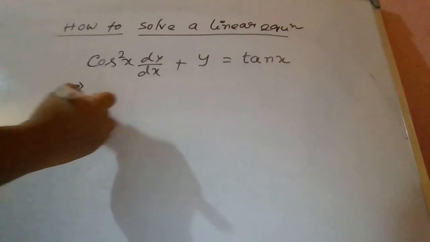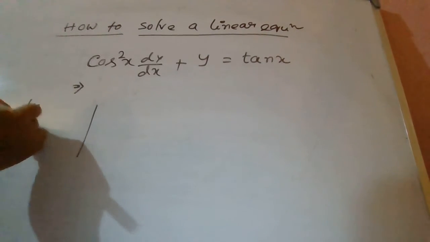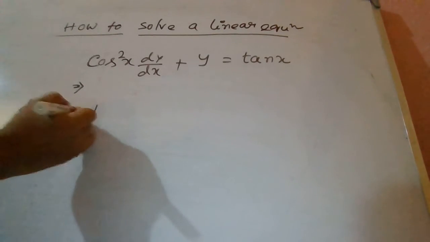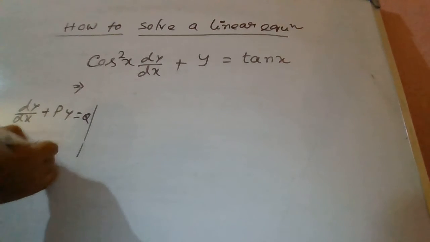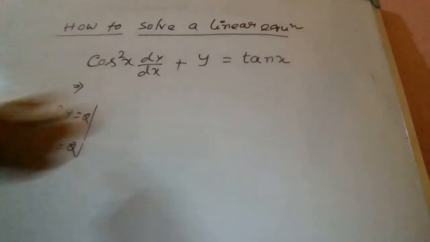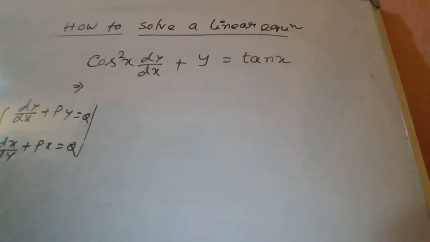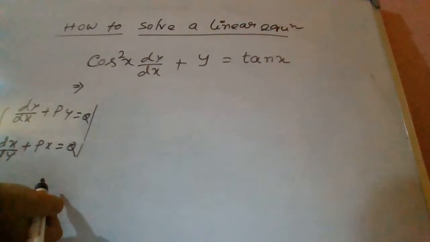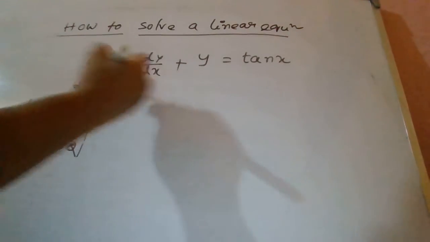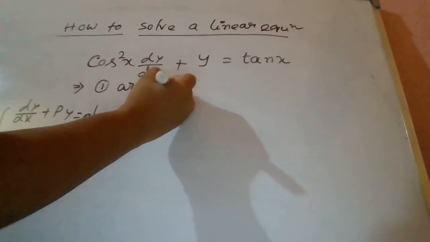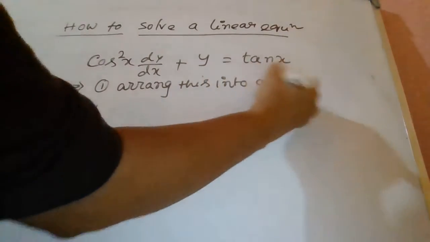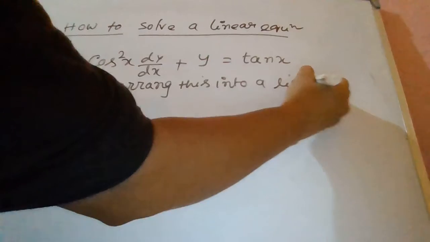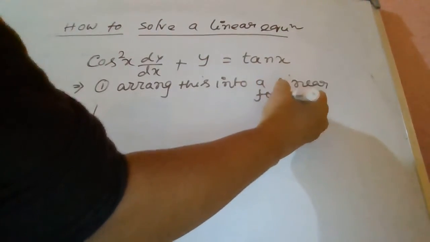Our linear equation has two forms: number 1, dy/dx plus py equals q, or dx/dy plus px equals q. This equation is in neither of these, so first we have to arrange it into a linear form.